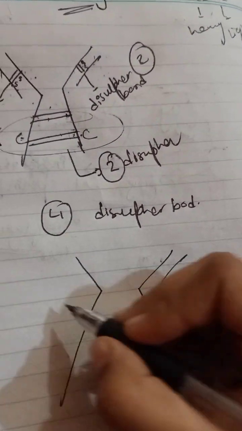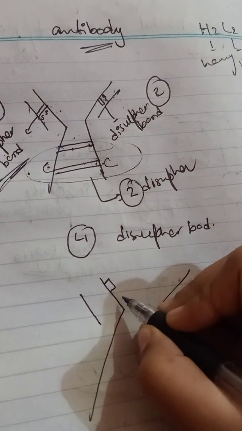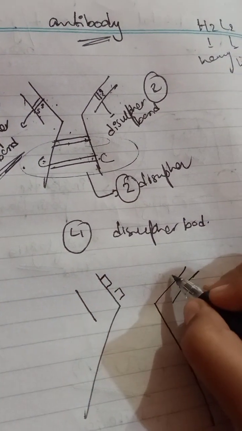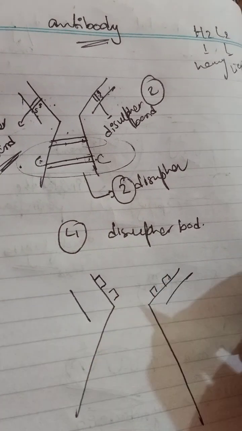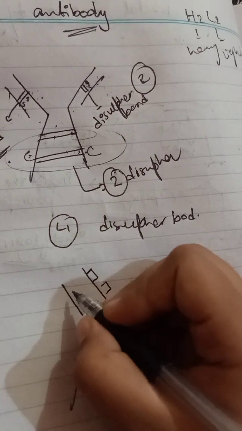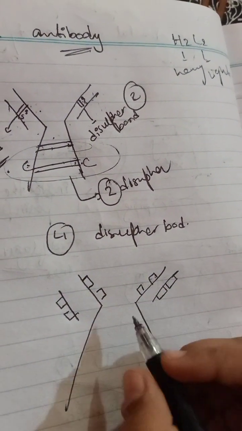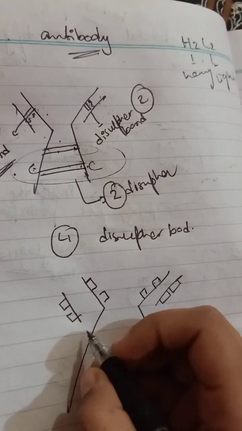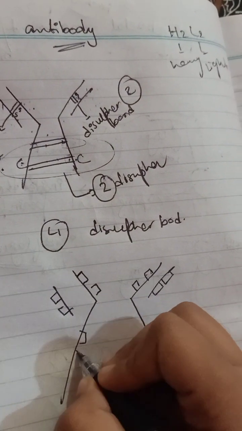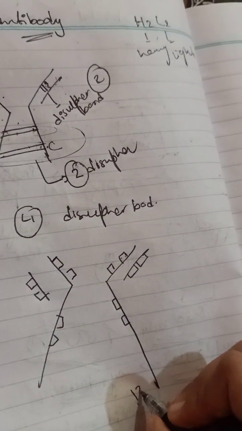What is a sulfur loop? First of all, let me discuss. 1, 2, 1, 2. How many? 8. 1, 2, 1, 2, 12.